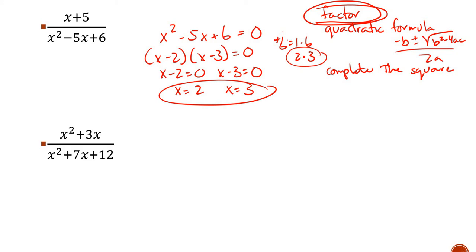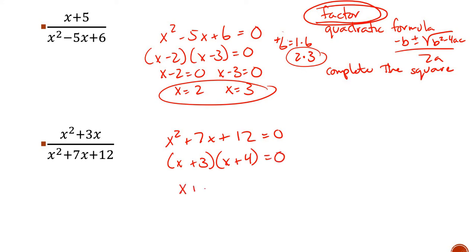All right, one more for you to try on your own. Again, pause the video, give this a try. Okay, so the denominator cannot be 0. Factors of 12 that add up to 7, I'm going to use plus 3, plus 4.